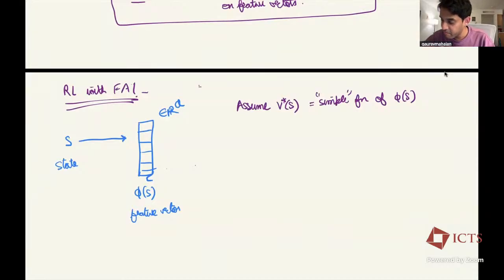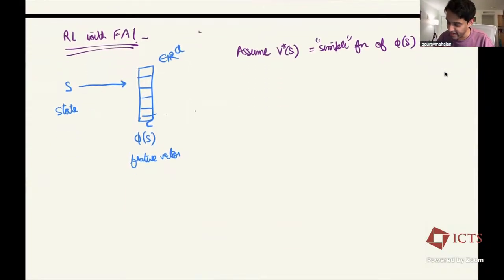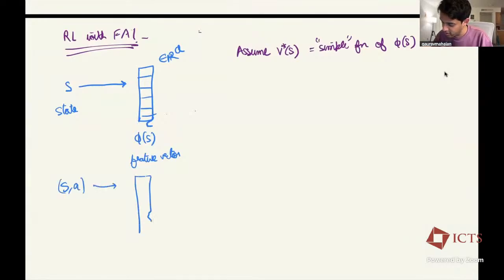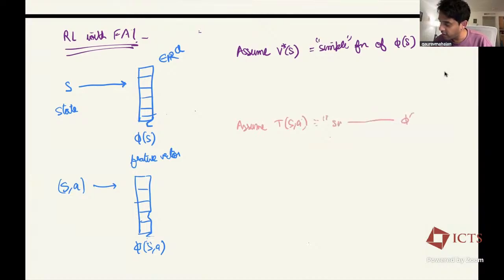Then people started looking at other assumptions, and they all seem decent. You could have a state action pair, and a feature vector for a state action pair. And you could assume a transition function is some simple function of phi of s comma a.